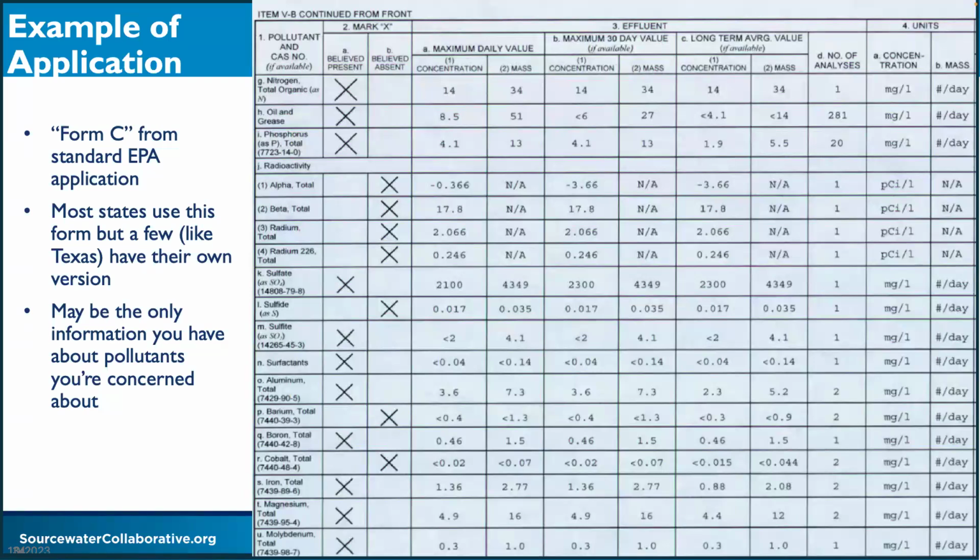Lots of metals, lots of different toxics. And the facility has to say whether the pollutant is present or not. And then sometimes they have to sample for all of them, and sometimes they only have to sample for the ones they believe are present. But it gives you information about a lot of pollutants that you wouldn't otherwise have. So, if you're worried about aluminum, we've got aluminum on here, you're going to see at least 1 or 2 aluminum samples. Next slide, please.